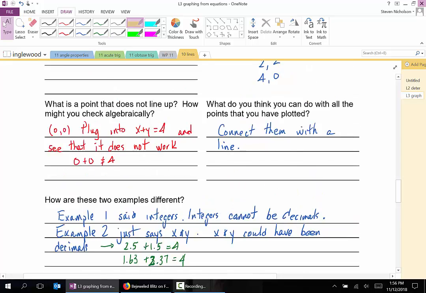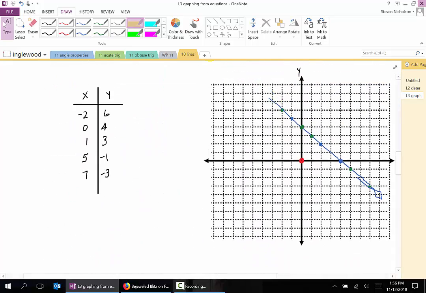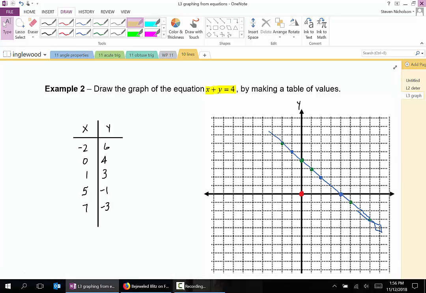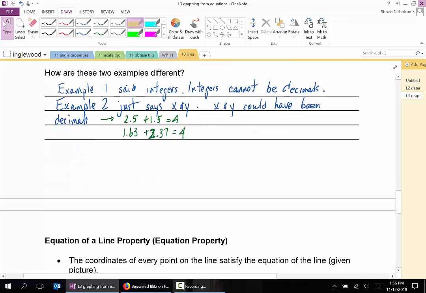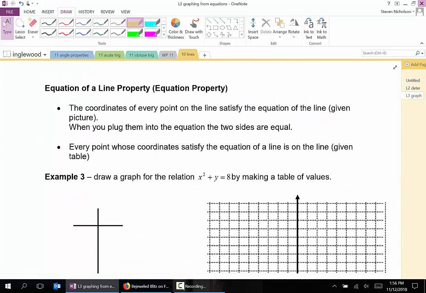It really doesn't matter. So this thing right here, two numbers that add up to 4, there's an infinite amount of them. If there's an infinite amount of them and they all line up, why don't we just pick some nice ones? So that's what I want you to think about. Just pick nice points. And again, this is called, mathematically, not a big deal, the equation of a line property.